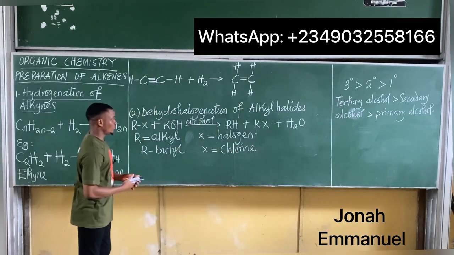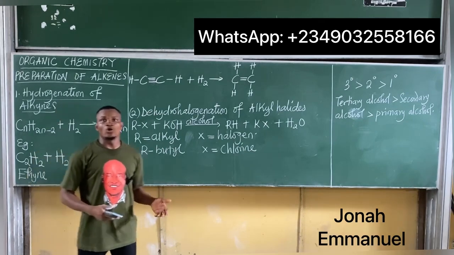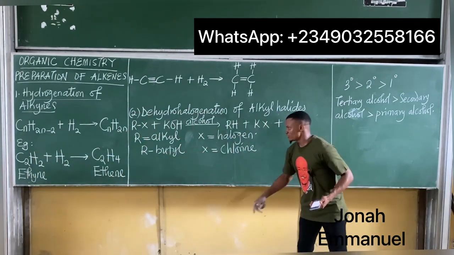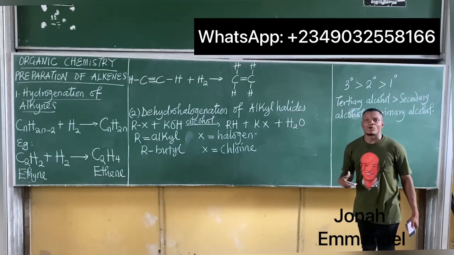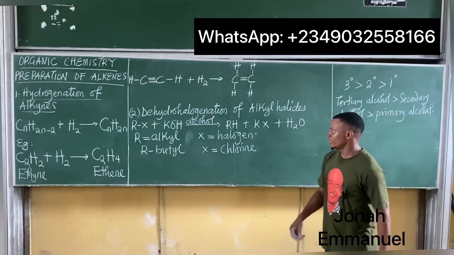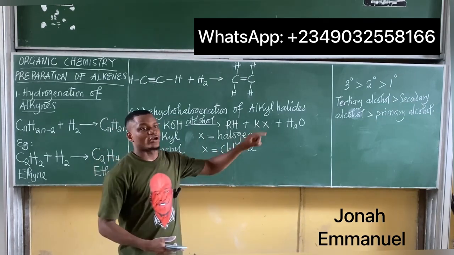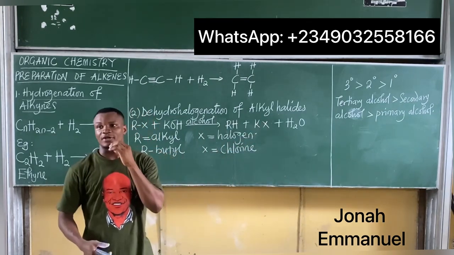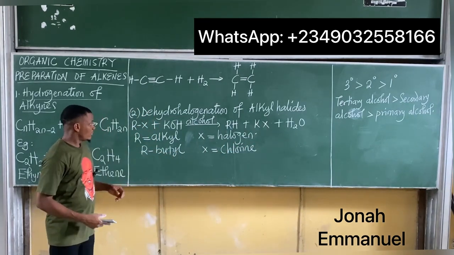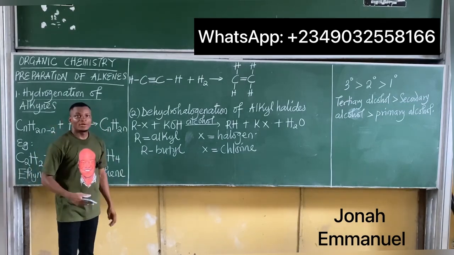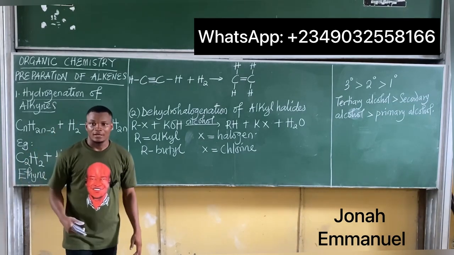On your own, please, try to sketch out the formula and see what you get. Take R as butyl, take X as chlorine. Get out the correct structure and name each of the compounds there.